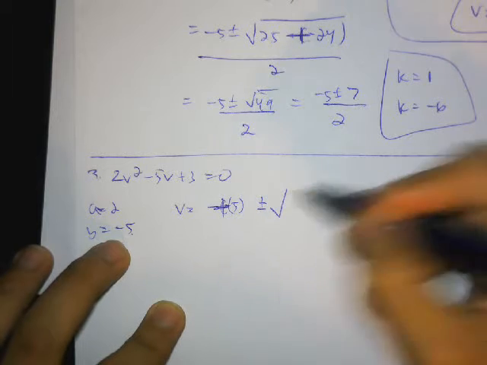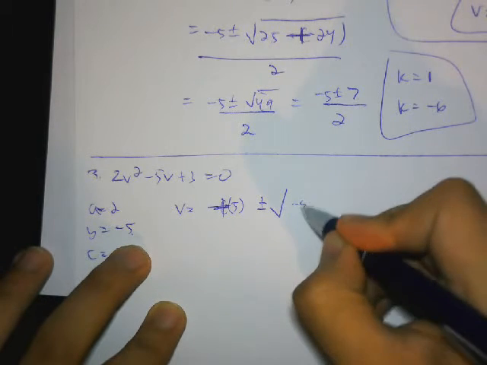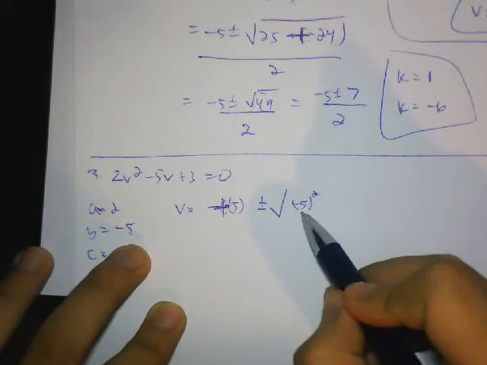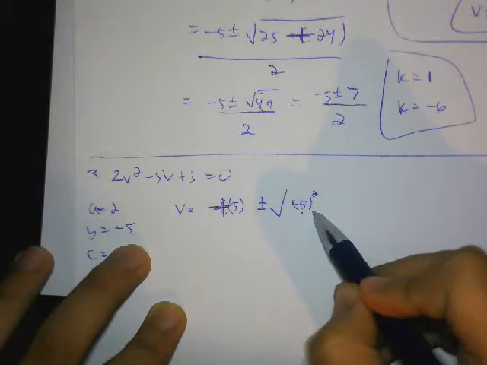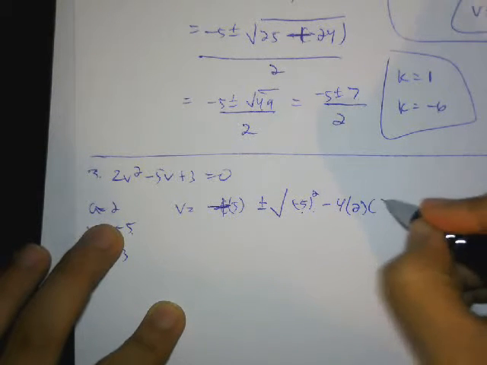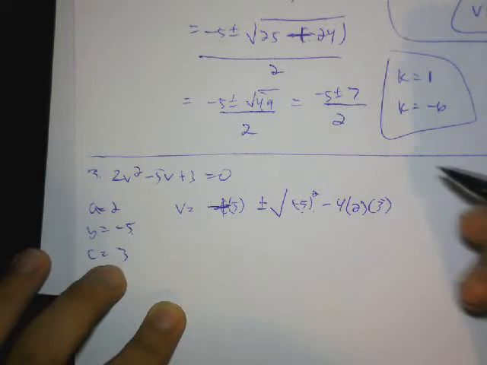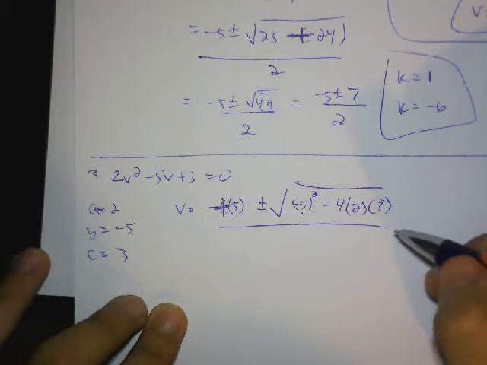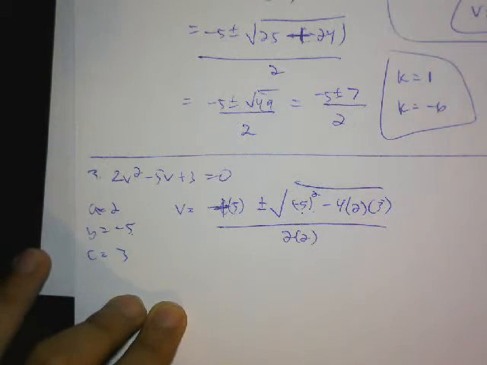Plus or minus the square root of b squared, negative 5 squared. Make sure that you put it in parentheses if you're going to put it in your calculator, minus 4 times a times c, all over 2a, 2 times 2.